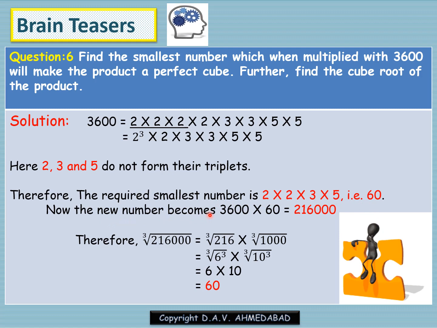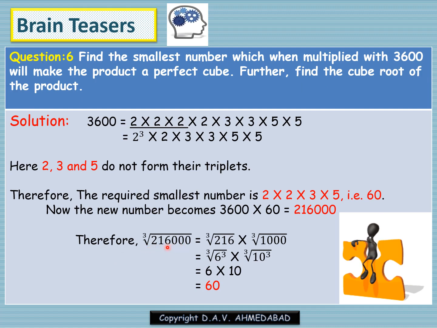Now, the new number becomes 3600 multiplied by 60. So, we have 2,16,000. Now, question is asking that find the cube root of the product. So, cube root of the product means cube root of 2,16,000.